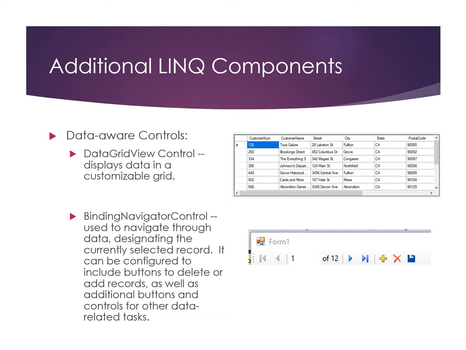Okay, so the binding navigator control scrolls us up and down, allows us to navigate through the data set, and the data grid presents it to us so that we can view it and make modifications to it.